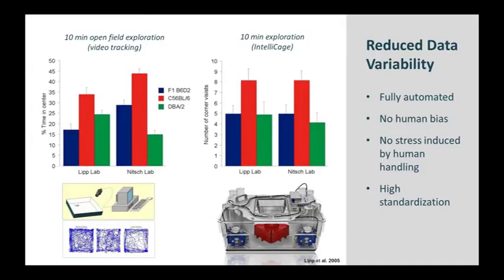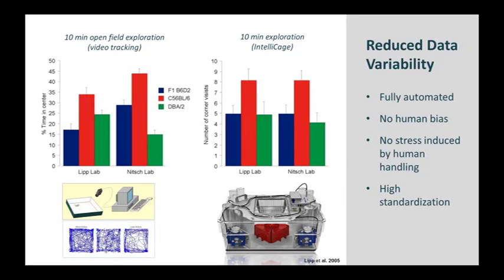An additional benefit of the IntelliCage is the increased standardization and the reduced data variability. It has been previously shown by Crabbe and Wahlsten that the researcher is the biggest source of data variability in classic behavioral experiments, such as the elevated plus maze.